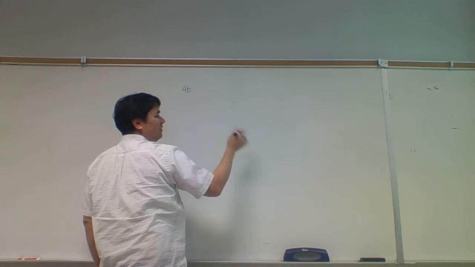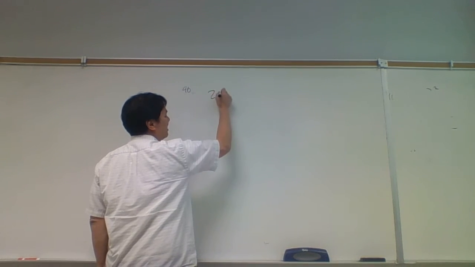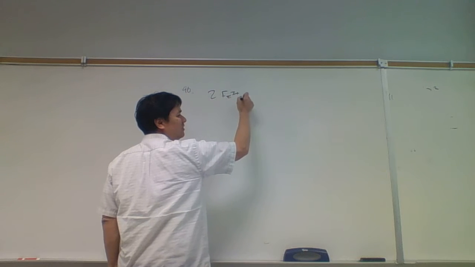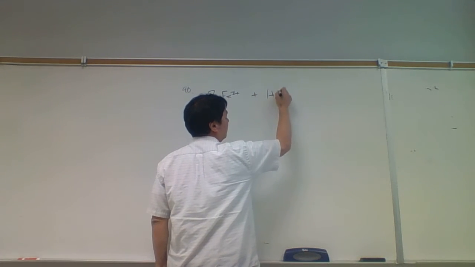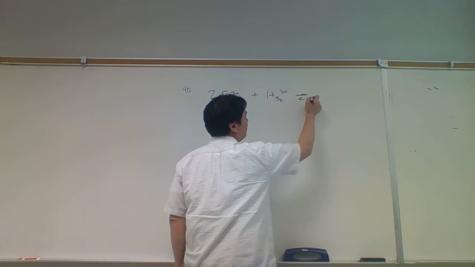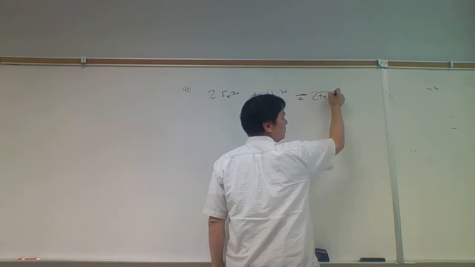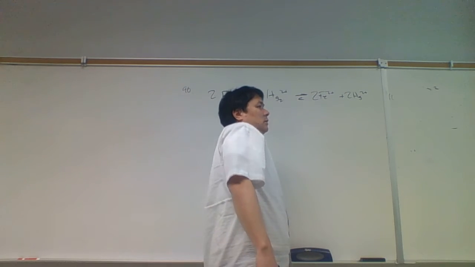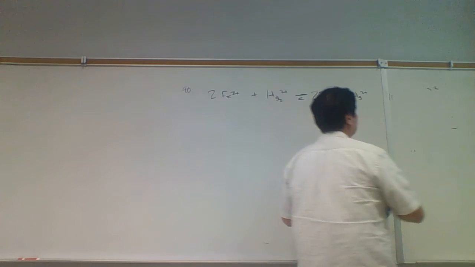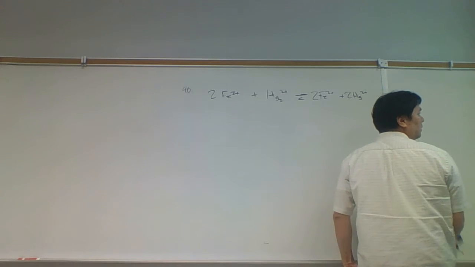Whenever I have a problem like this, I just set up the ice table. We have 2 Fe3+ plus Hg2 2+, iron 3 plus and mercury 1 ion. This is going to be an equilibrium with 2 Fe2+ and 2 Hg2+. It's a similar type deal. Then we look at the K value.